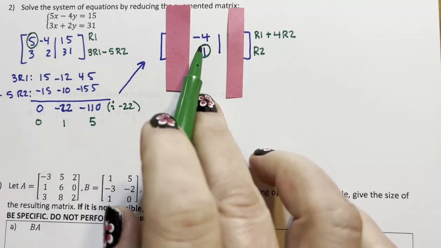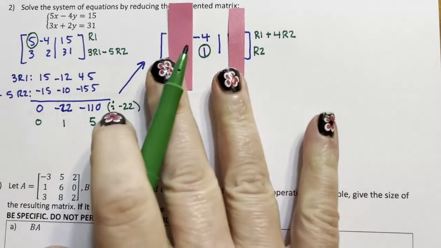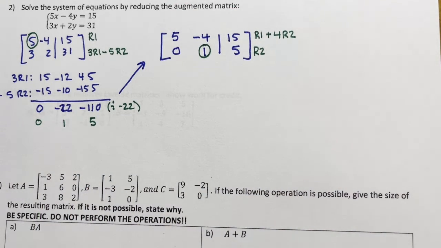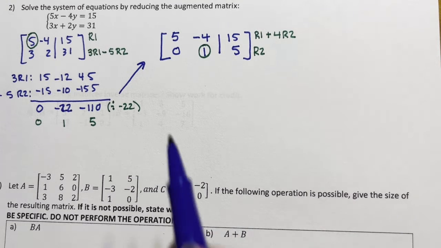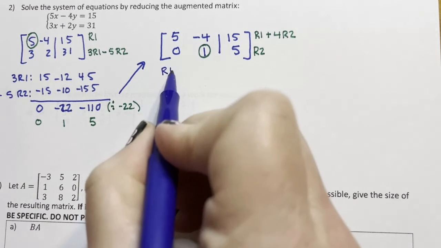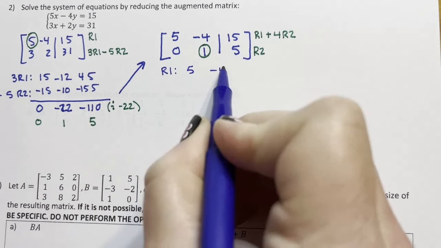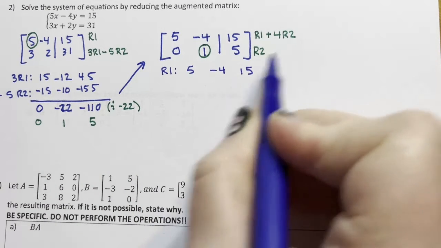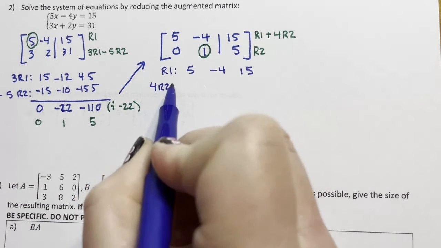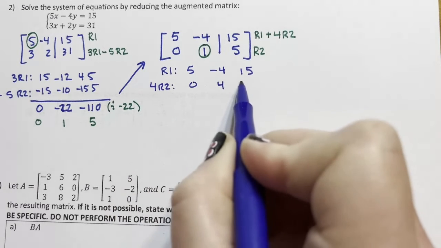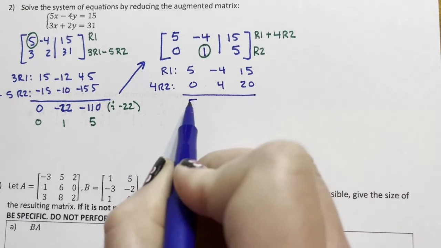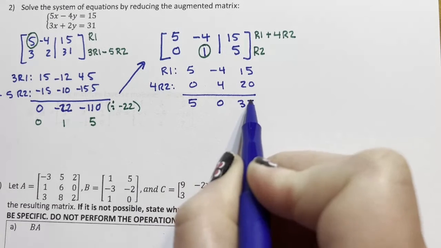I'm going to add here because the signs are opposite. So to do this calculation, I start with row 1, which is 5, negative 4, 15. And then I add 4 times row 2, 0, 4, 20. And I end up with 5, 0, 35.